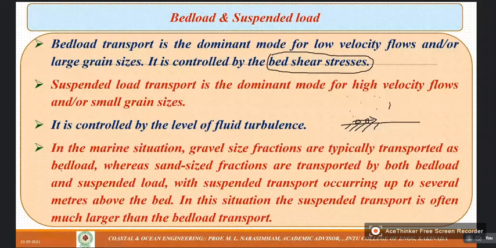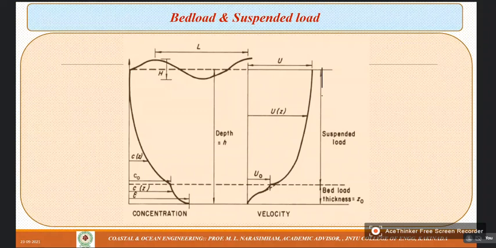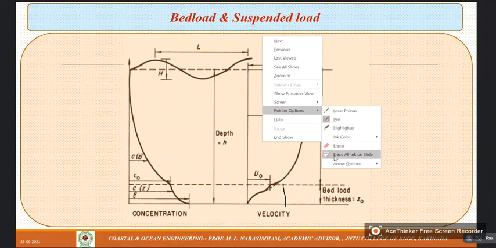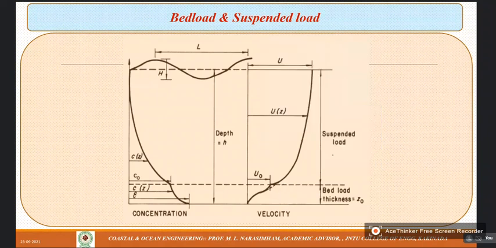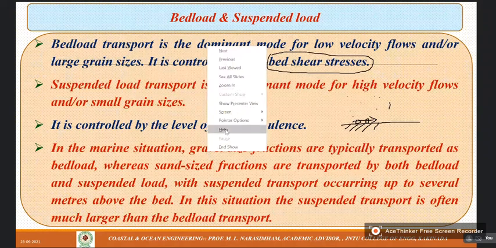See, the current velocity is more here in this path compared to this path. So there will be more tendency of larger distribution, larger movement. So in this situation, the suspended load transport is often much larger than the bed load transport.